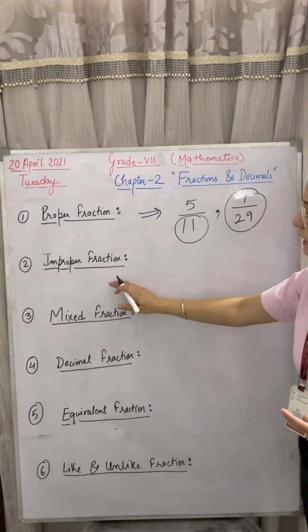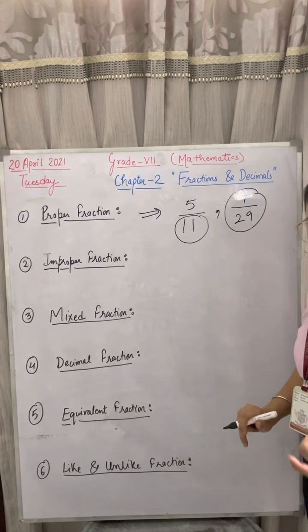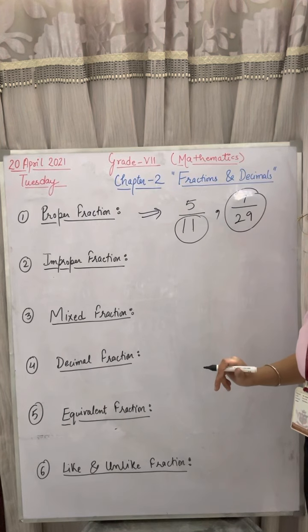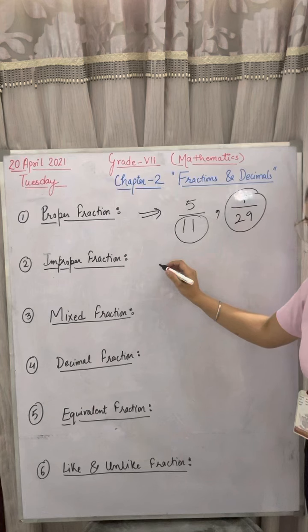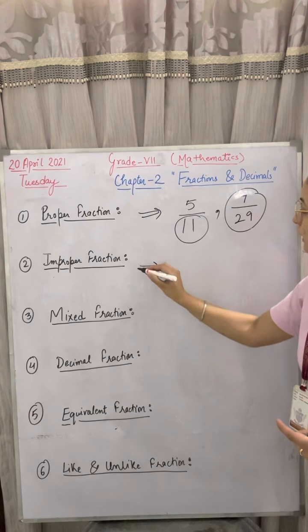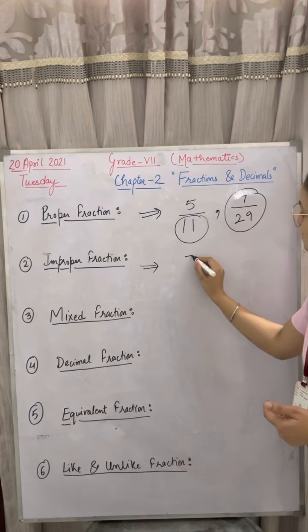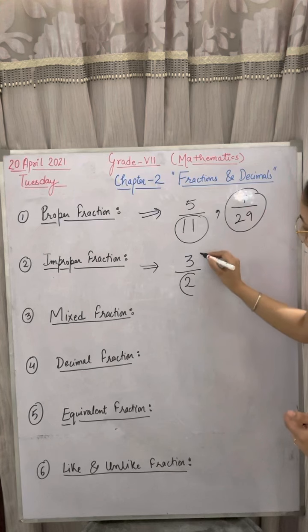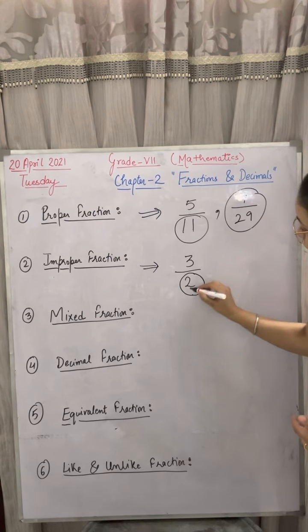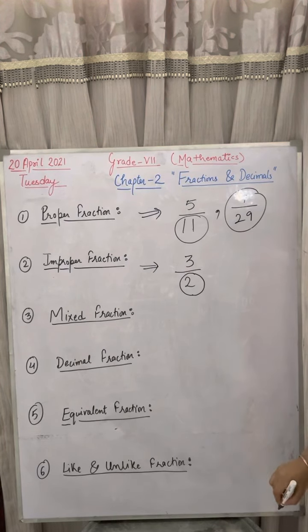Now, next is the improper fraction. When the denominator is lesser than the numerator. Yes, Hardik, Hazel, very good. So an improper fraction is when the numerator is greater, or when the denominator is smaller than the numerator.